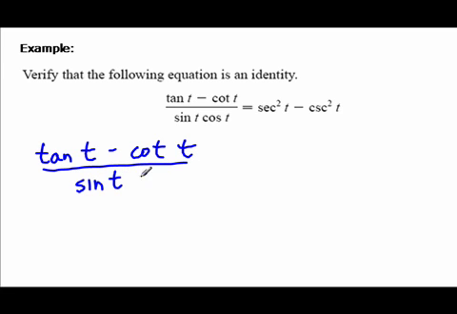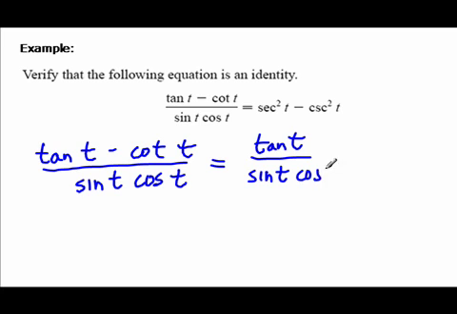One tool or technique that seems to help with a lot of identities is if you have a sum or a difference in the numerator, like we do right here, break it up into individual fractions. So this would be the same thing as tangent t over sine t cosine t minus cotangent t over sine t cosine t.